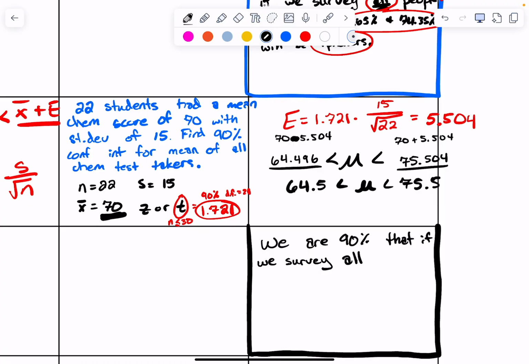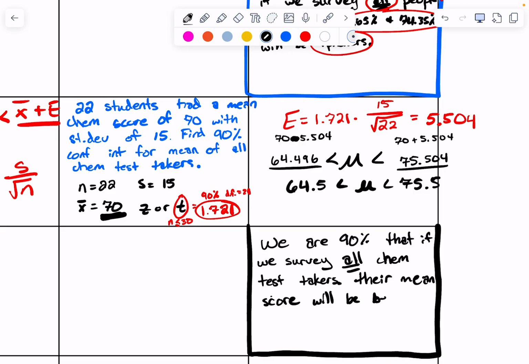All chem test takers. Chem test takers. Their what? Mean score. So we're still talking about the mean score. It will be between 64.5 and 75.5.